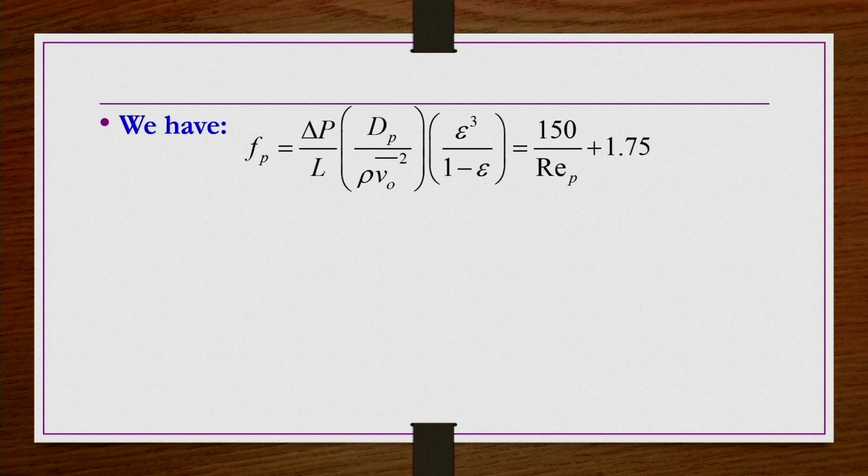Now we have this equation: Fp equals 150 by Rep plus 1.75. We need to find delta P; we were not asked to find the friction factor. So we have to rearrange this equation in terms of mass velocity, because here also we have the V naught bar term, which is not known.